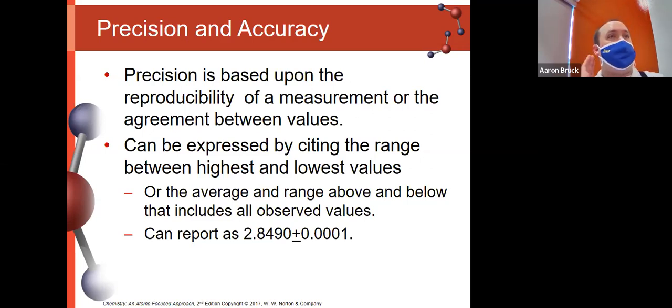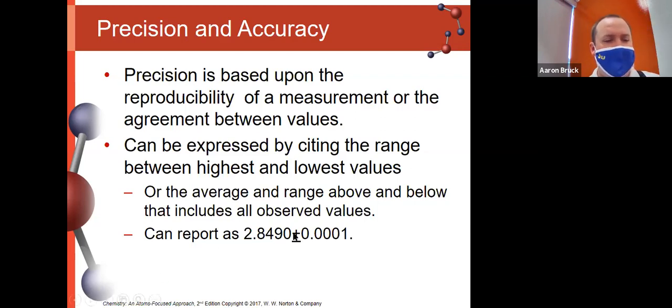I measure that cup on the balance, and it doesn't matter how many times I measure it, it seems to always fall within a very tight range of measurements. That's precision. We can measure precision by range.